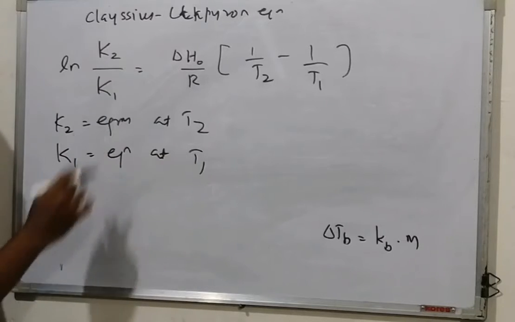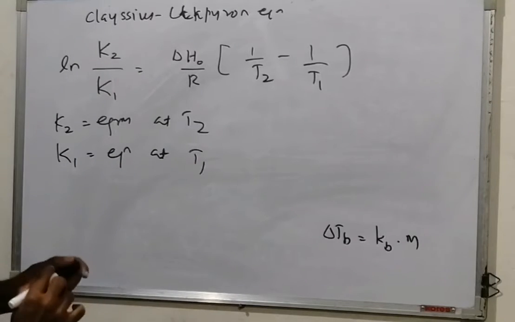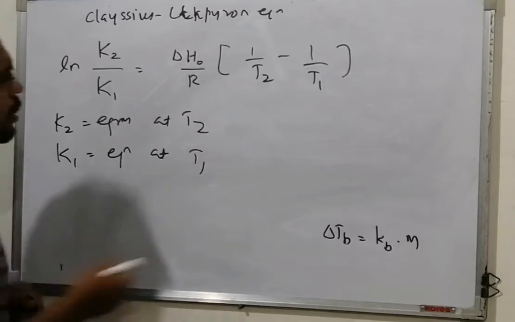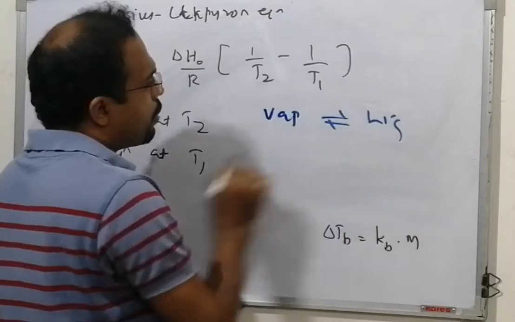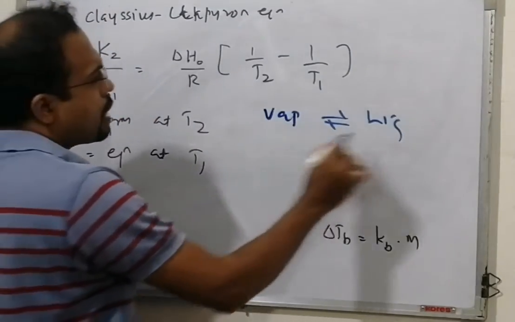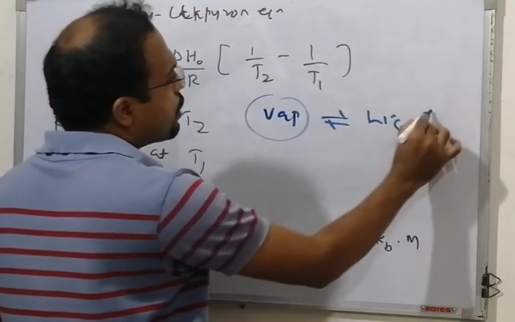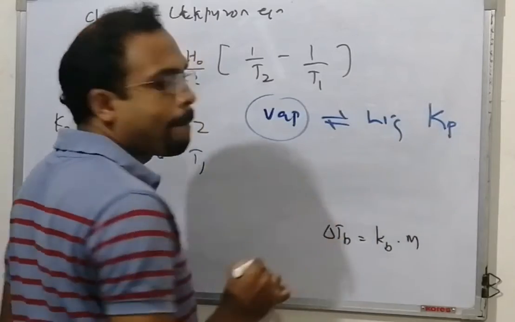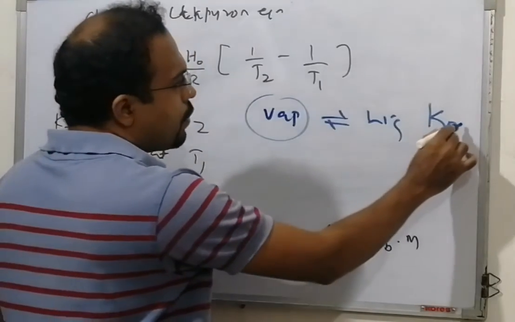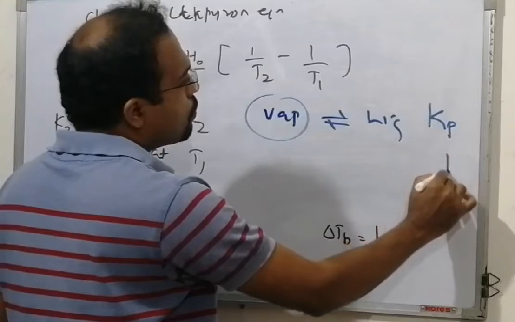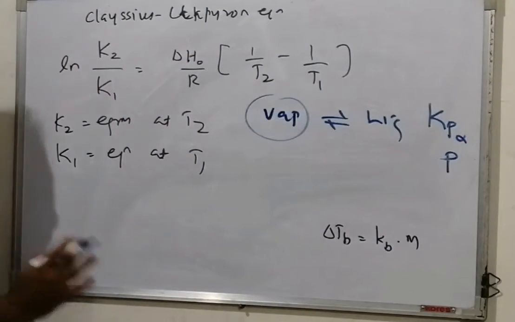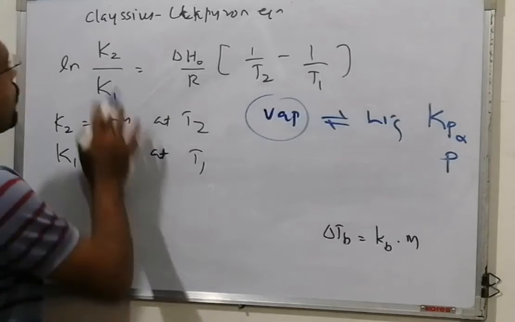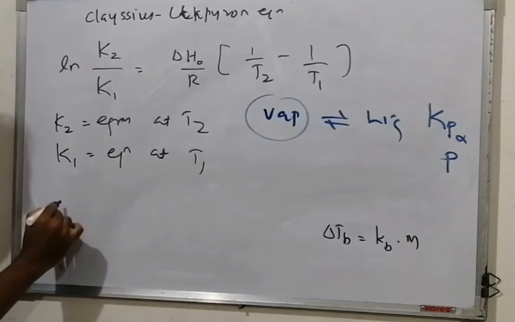We have a similar equation in the Arrhenius equation also. Now, here our equation is vapor-liquid equilibrium, a physical equilibrium. Therefore, since a gaseous state is involved, it can be represented as Kp, which is directly proportional to pressure. Therefore, I just rearrange this.